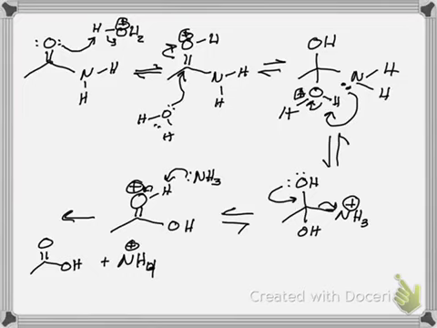This is the acid process. I'm not going to have time in this video to go through the base process, which is next. So what I would like you to do, I have like 2 minutes left before YouTube says you can't do this anymore. I want you to work on this mechanism.